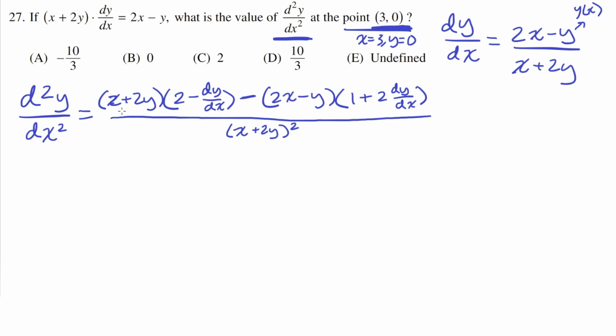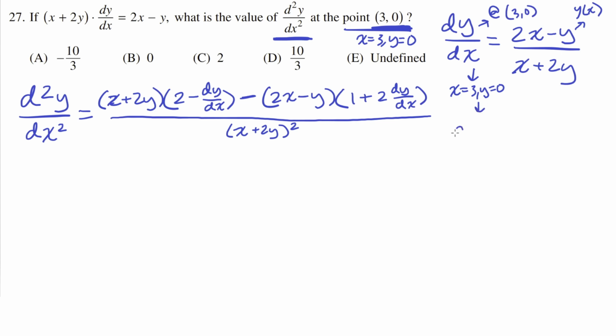So we can go ahead and plug in x = 3 and y = 0, but what we need to find first is the value of dy/dx at x = 3 and y = 0. If you recall earlier, we found an expression for dy/dx. So all we need to do is plug in x = 3 and y = 0 to find the value of dy/dx at the point (3, 0).